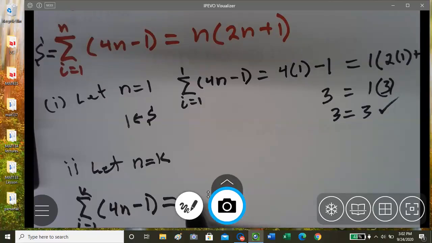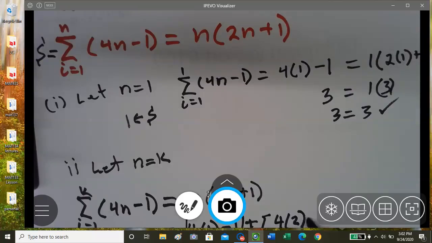So we're trying to get this to equal n times 2n plus 1. All right, so this will be 4 times 1 minus 1 plus 4 times 2 minus 1 plus dot dot dot 4 times k minus 1, and that's going to equal this.